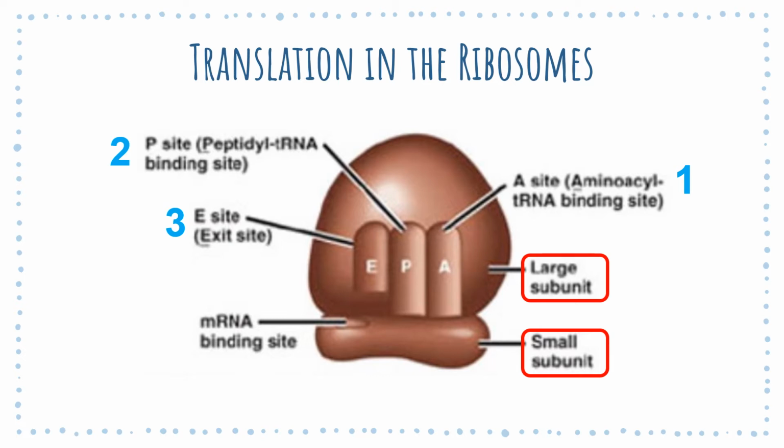The first chamber is called the aminoacyl tRNA binding site, but let's just call it A site, which basically is the entrance of the tRNA to the ribosome. This is followed by the peptidyl tRNA binding site, or the P site, where peptide bonds are created between amino acids. Lastly, you have the exit site, or E site, where used tRNA exits.